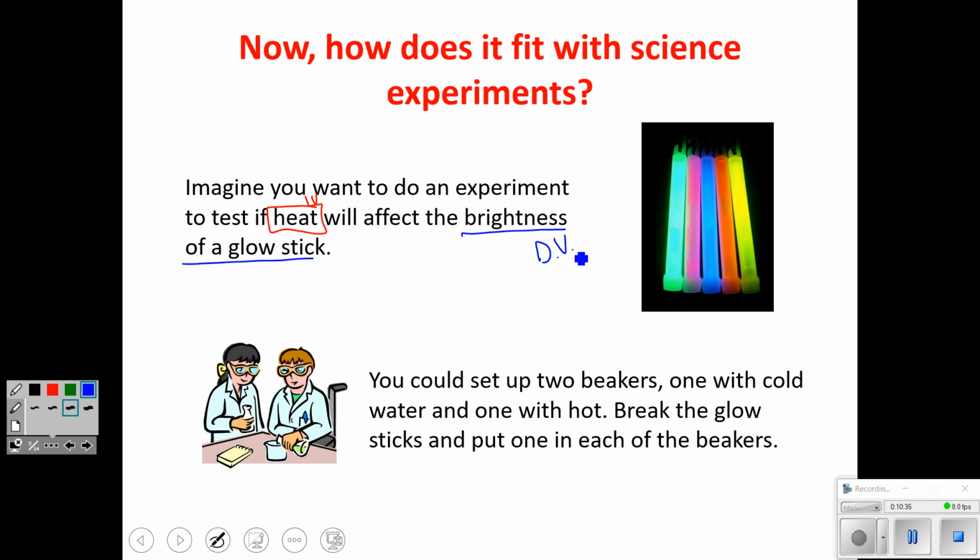Obviously, there are some other things that have to be considered. One being the constants. What do you need to make sure are the same? So think about that for a second. If you were to set up this experiment, what are the things that you would need to make sure that you keep the same in order to determine if the heat makes the glow sticks brighter?